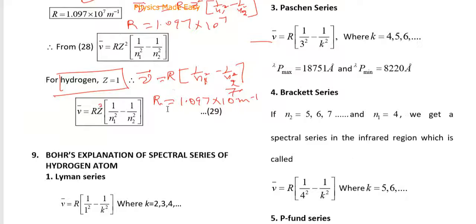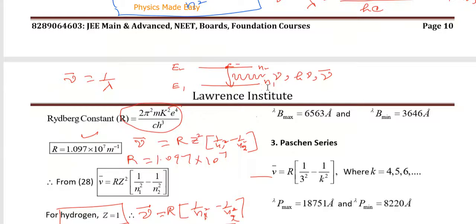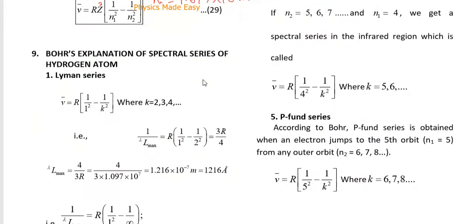Its value is 1.097 into 10 raised to power 7 meter inverse. And this nu bar is R into 1 divided by N1 square minus 1 divided by N2 square. Now N1 is the orbital number of the lower energy level and N2 is the orbital number of the higher energy level.